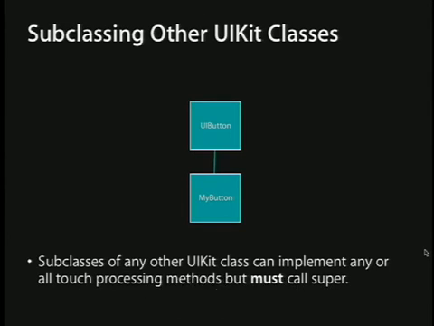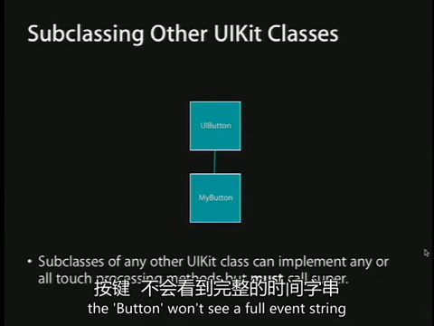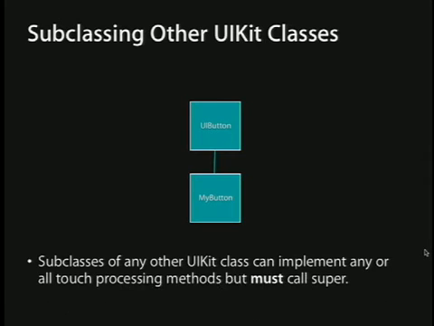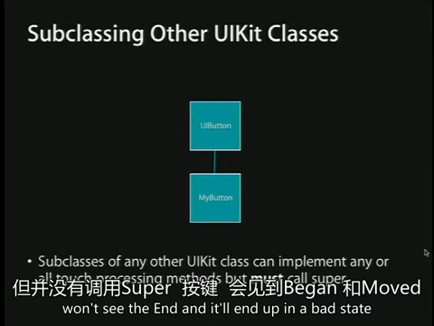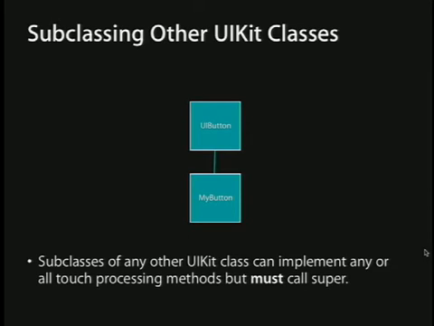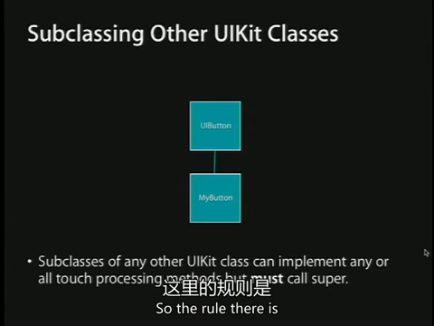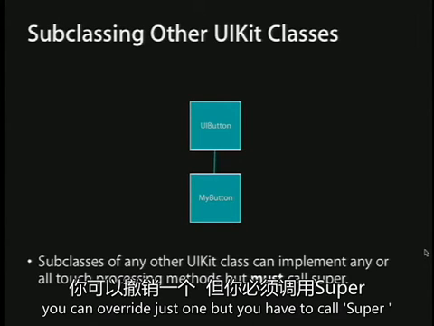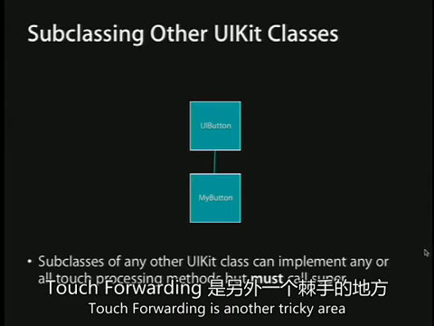Because if you don't, the button won't see a full event stream. For example, if you override the end and don't call super, the button will see the began and moved, won't see the end, and it'll end up in a bad state. So the rule there is if it already provides all those implementations, you can override just one, but you have to call super.